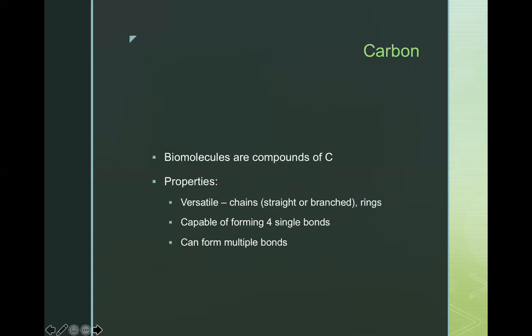Okay, biomolecules are compounds of carbon. Okay, you watched, hopefully, the Carbon is a Triumph video. Hank Green did an excellent job of explaining here, right? It's versatile. We can have straight or branched chains. You can have it form rings. It's capable of forming 4 single bonds.